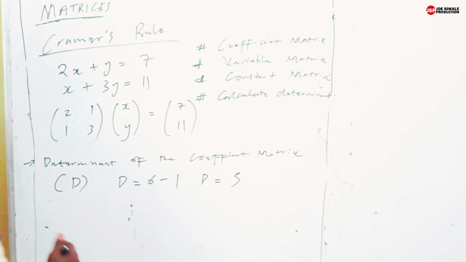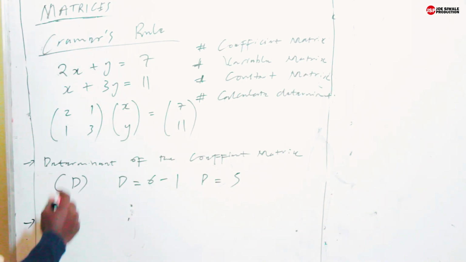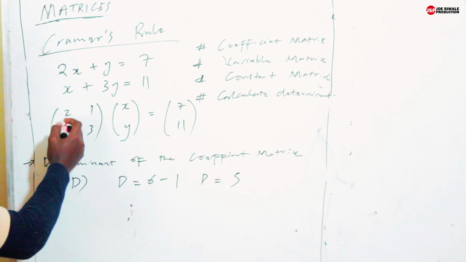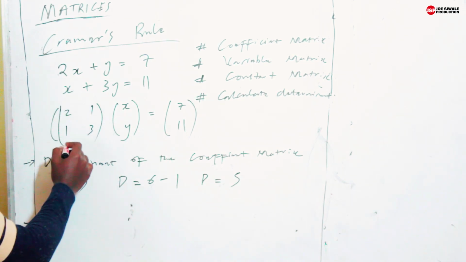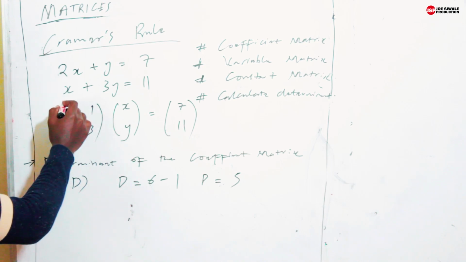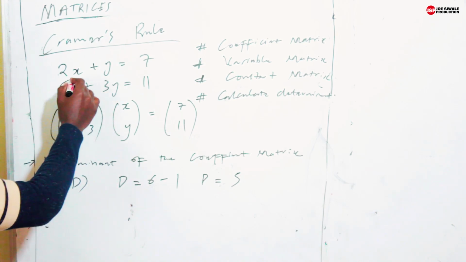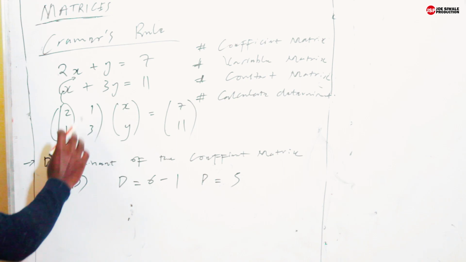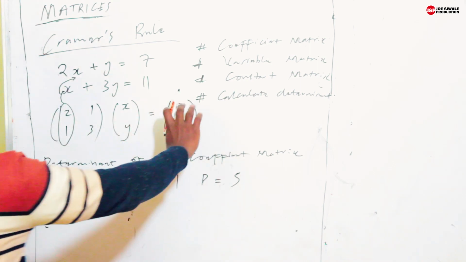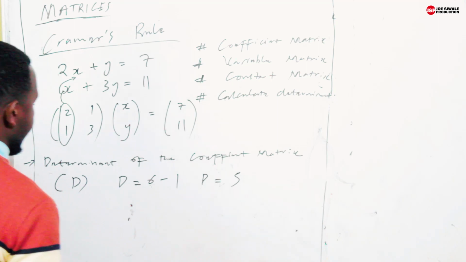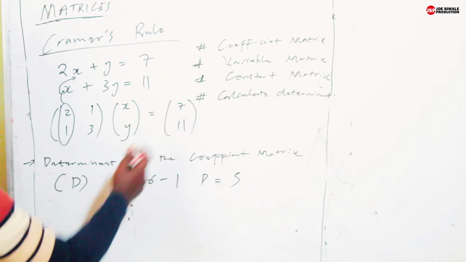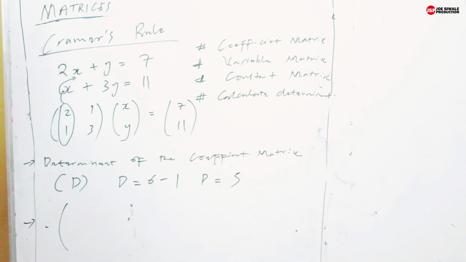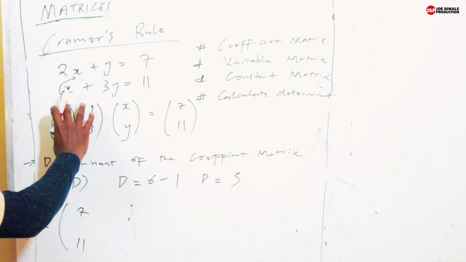Then we're going to replace these elements. These elements, as you can see, 2 and 1, represent the x variable. So this is the x column. We're going to replace this x column with the constant matrix. What do I mean? I mean that our 7 and our 11 are going to replace the x column.